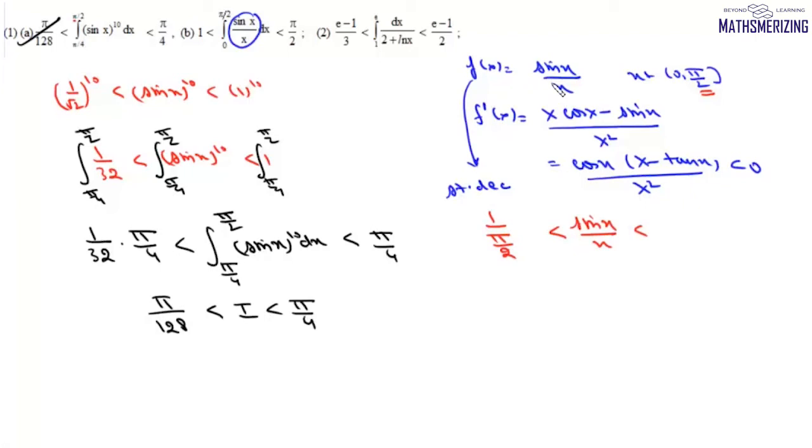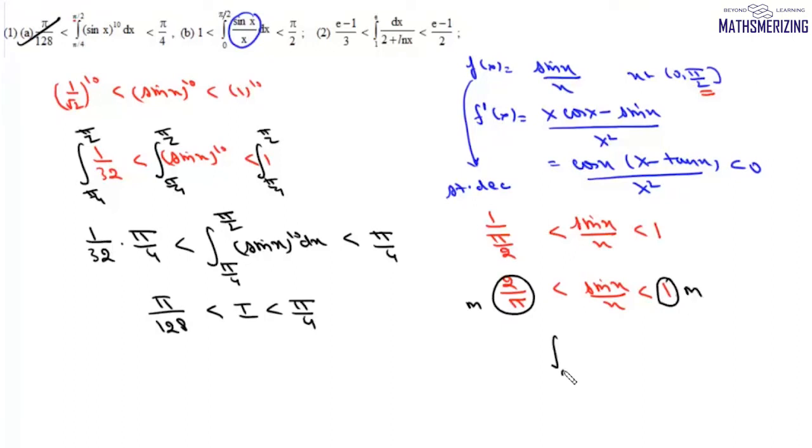Now limit x tends to 0, sin x upon x, is nothing but 1. So we can write that sin x upon x will lie between 2 upon pi and 1. Now this is the minimum value and that's your maximum value.